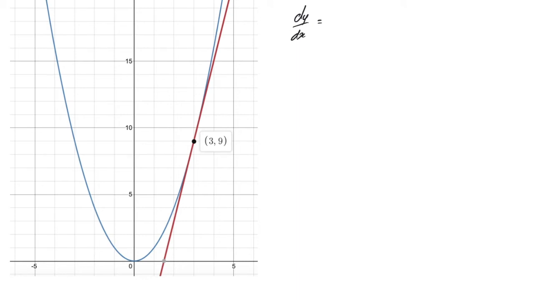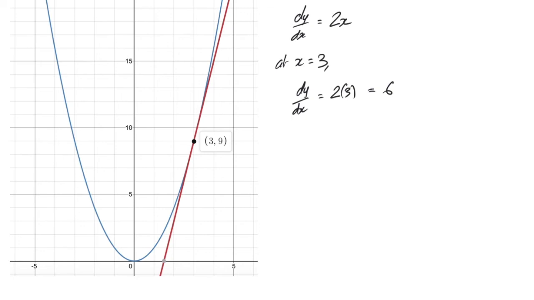I need to take the derivative of the original function, which is going to be 2x, and then at x equals 3, I can plug it into my gradient function, and that tells me that at the point where x equals 3, the gradient of the function is going to be 6.